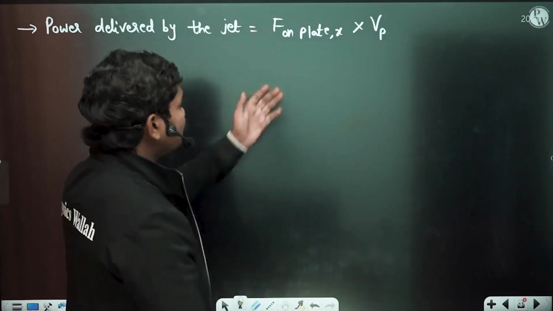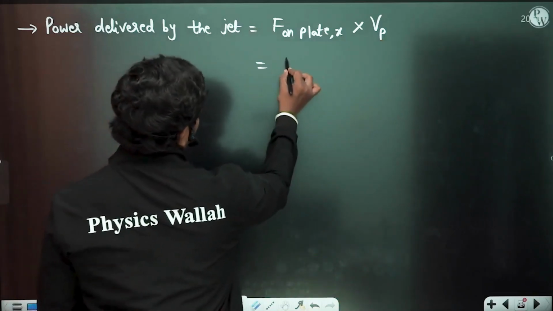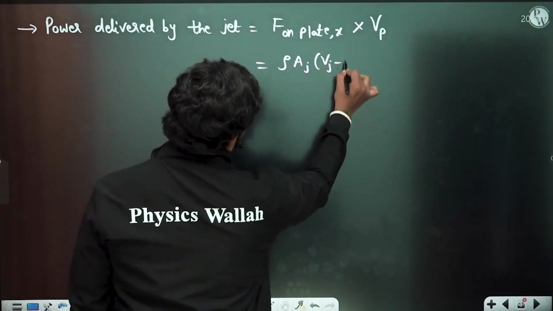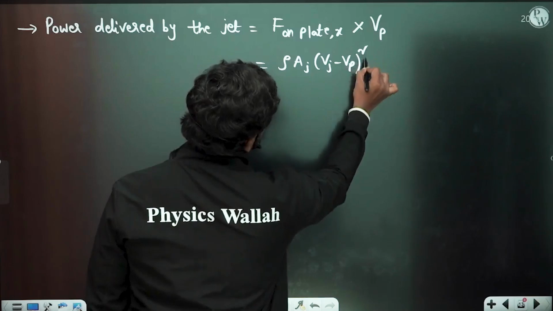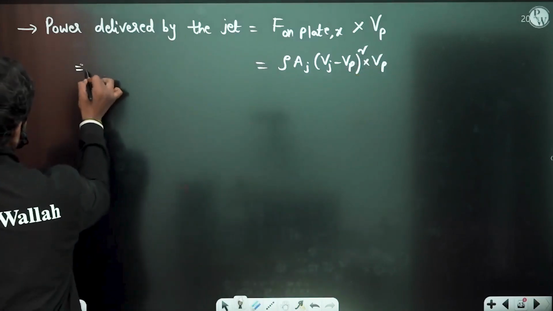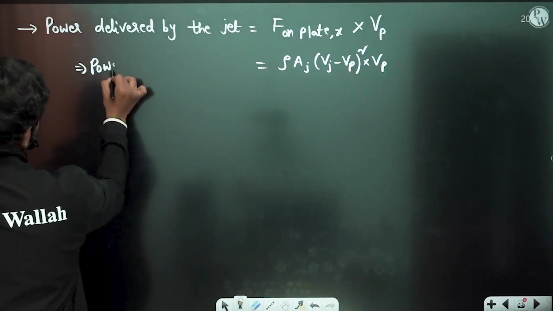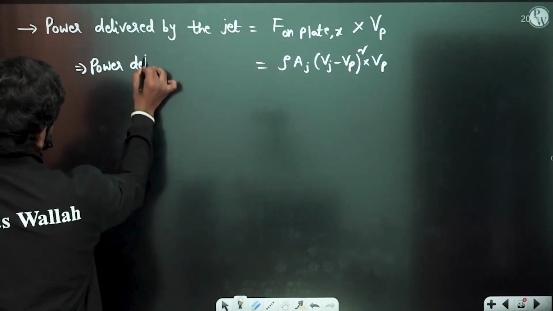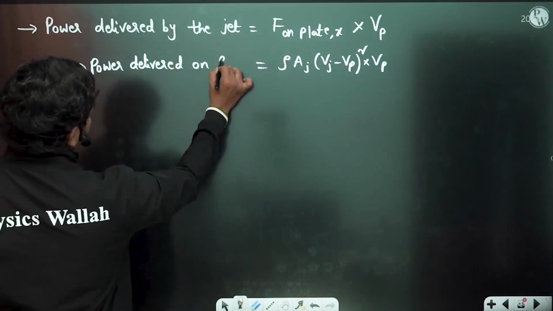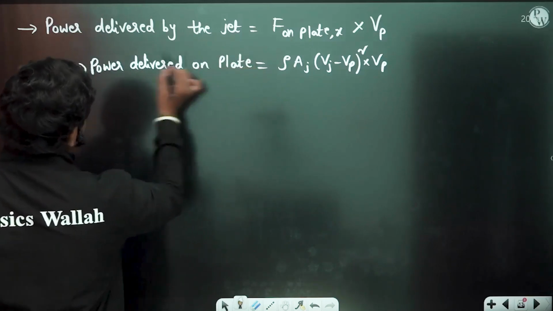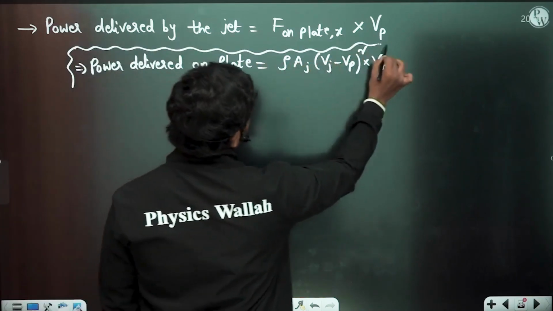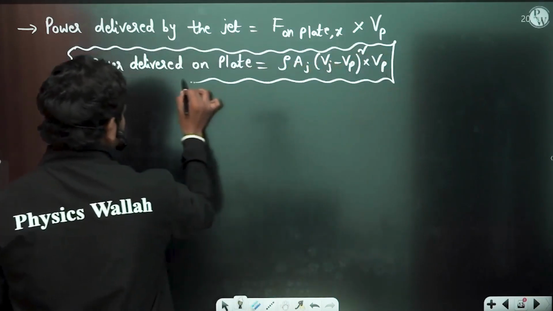If you simplify this expression, it gives you rho A jet into V jet minus Vp whole squared into Vp. So this is the power delivered on the plate. Power is equal to force into velocity, and we have seen this expression.